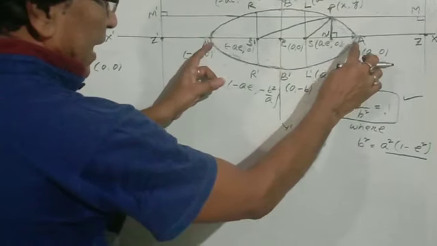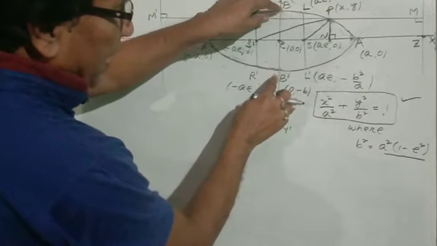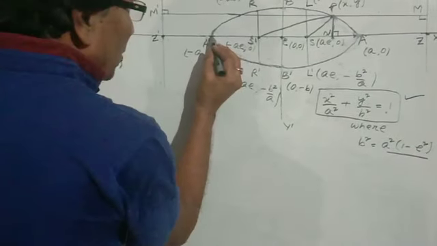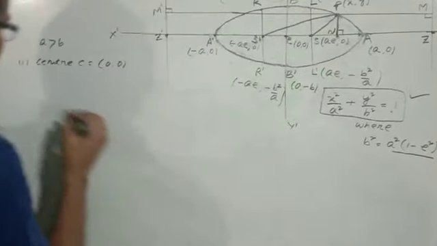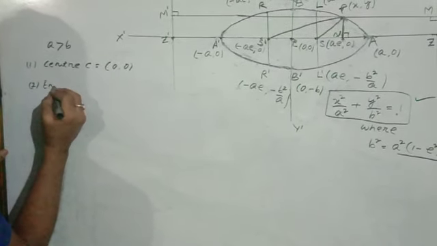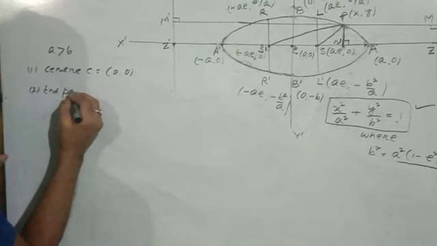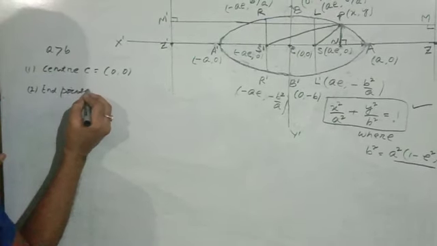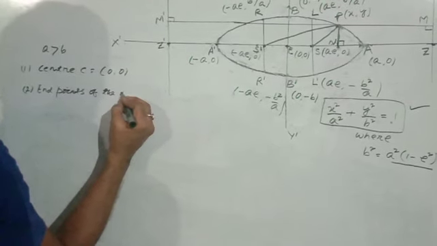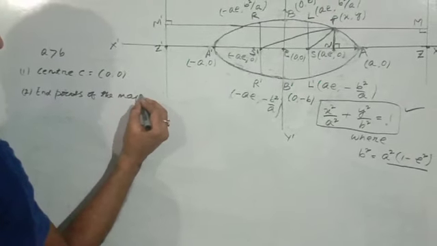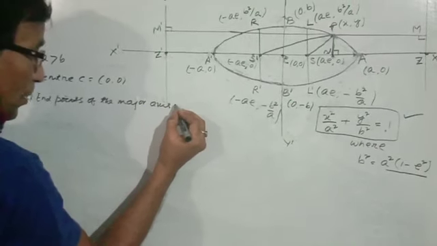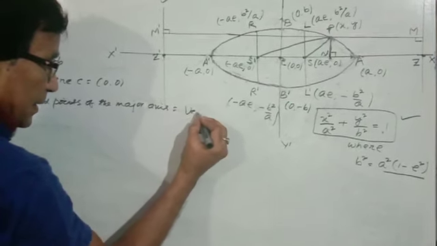And we know that A'A is the major axis, B'B is the minor axis. So remember that the endpoints of the major axis are called vertices.